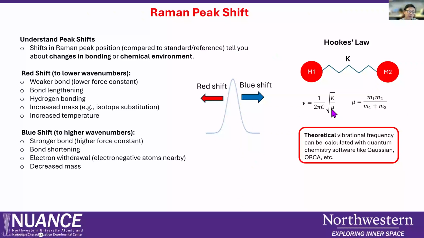If the atoms do not change, only the strength changes. A red shift means you have a weaker bond, or the bond length increased, or a hydrogen bond affects it, or the mass increased, or the temperature increased. For the blue shift, there is a stronger bond, or the bond is shortened, or an electron-withdrawing group effect, or decreased mass.